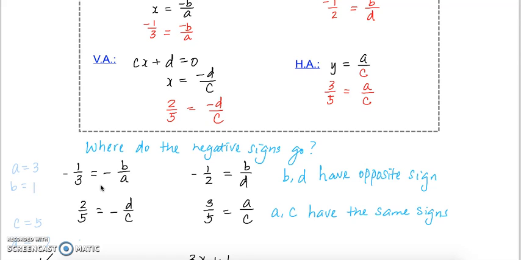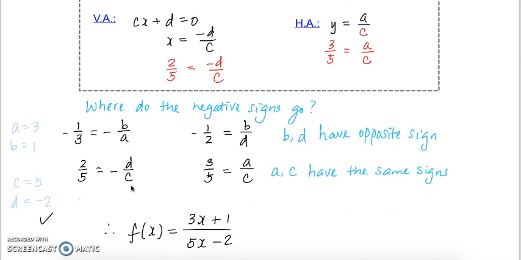And then you go back to the first two ratios that have more negative signs in them. Usually our leading coefficients are positive. Because a and c both have the same sign, if I assume a is positive, so I have a equals 3, then I'll have negative 1 equals negative b, which forces b to be positive 1. Again, here I'm going to assume c is positive, so 5 is positive.